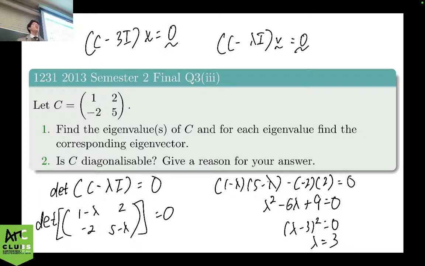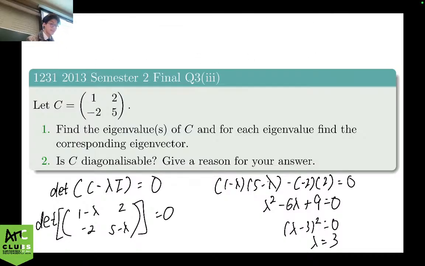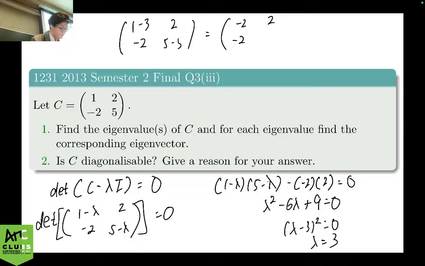From here, you can solve an augmented matrix with 0. First, I'm going to quickly find what C minus 3I is. That's 1 minus 3, 2, minus 2, 5 minus 3, so that would be minus 2, 2, minus 2, and 2.